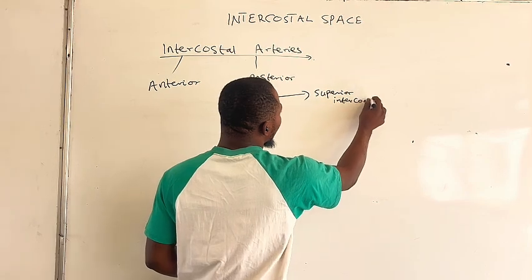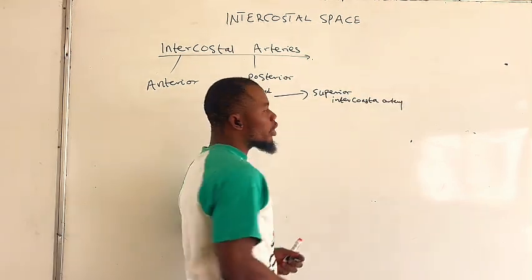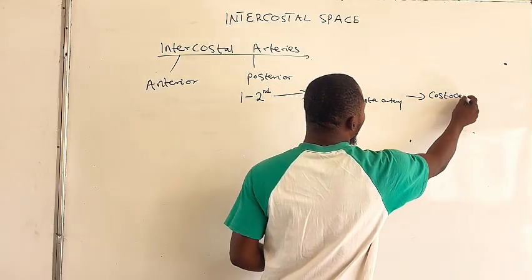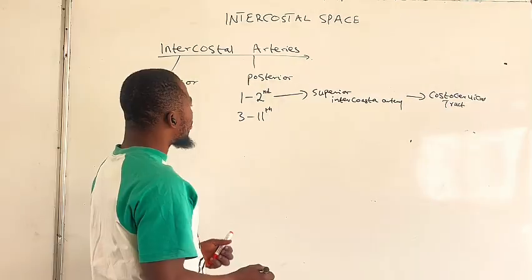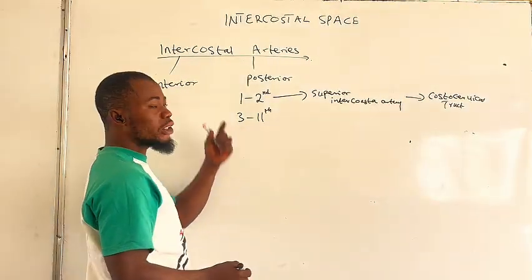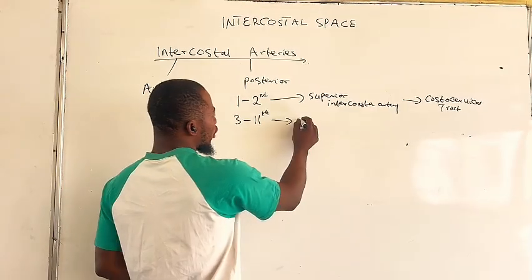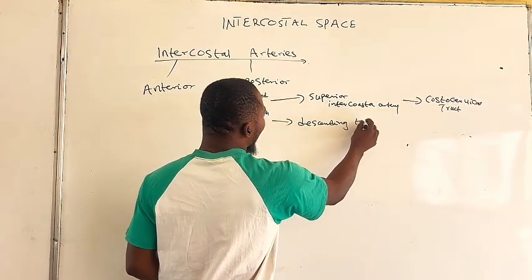And this superior intercostal artery is a branch of costocervical trunk. Whereas the third to the 11th posterior intercostal arteries are branches from the descending thoracic aorta.